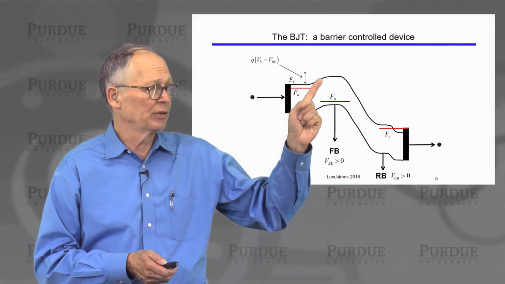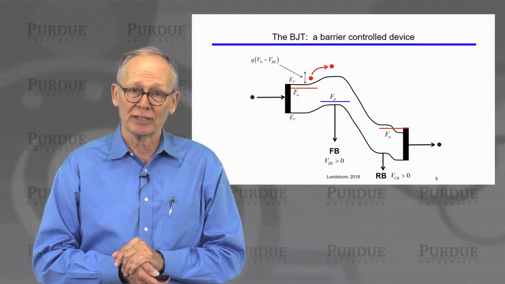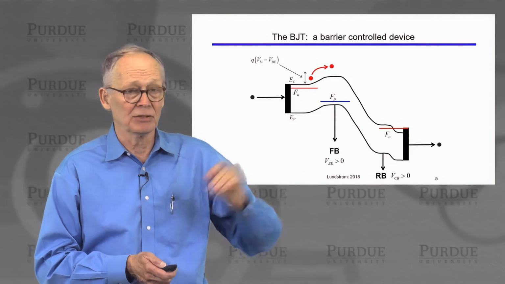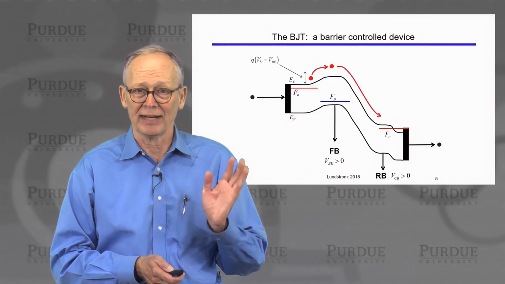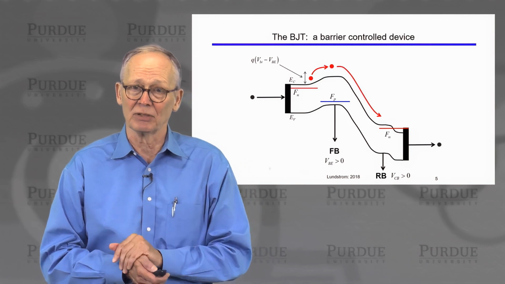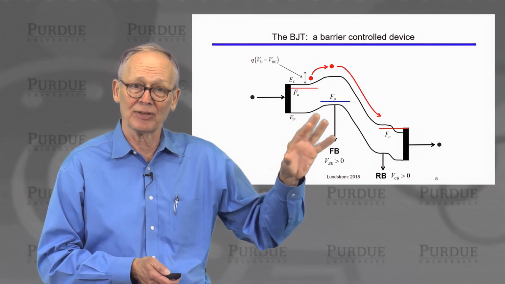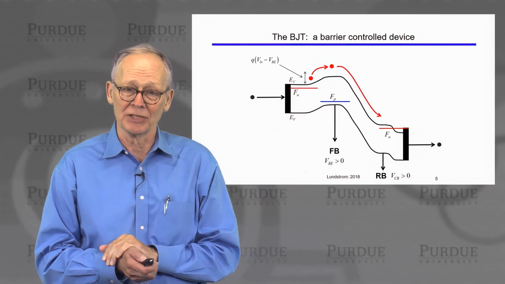So now we have a lower energy barrier at the electron base junction. Electrons can be injected from the N side to the P side. They can diffuse across the P side, and then they can be swept by the high electric field and just flow downhill and out the collector contact. That's the basic principle of operation. That should remind you of the energy band view of an N-channel MOSFET.